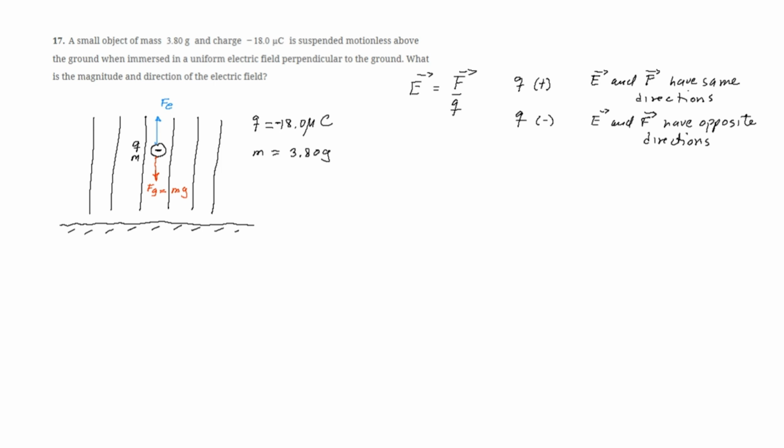So I have no choice other than an electric field that points downward, toward the ground, because this is the only way that the electric force can point upward for this negative particle, and that the electric force will be counteracting the action of the force of gravity. So now I know the direction of the electric field. The electric field points downward. The explanation is just that.